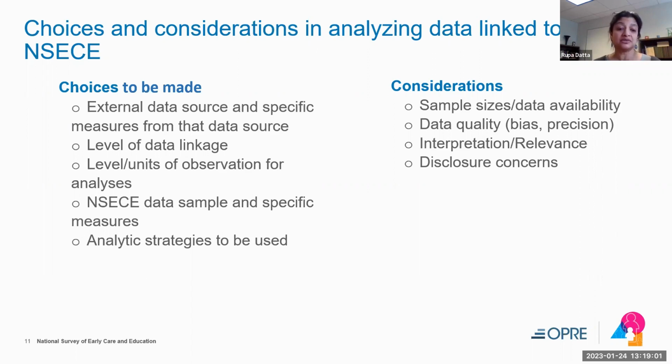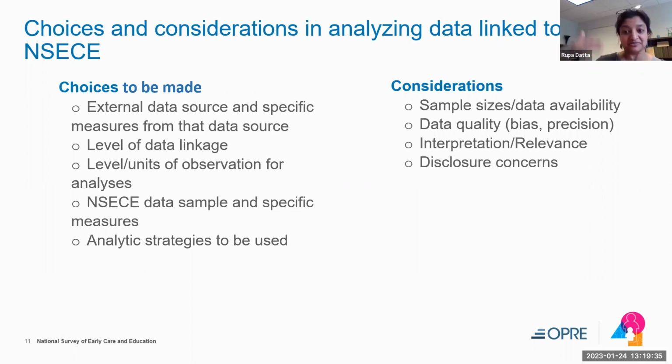We tend to do this by thinking about some choices that you'll want to make in planning your analysis, and then some considerations that might help you make those choices. On the left-hand side of the slide, you see the choices to be made. You'll start out by choosing an external data source, the non-NSECE data source, and the specific measures you might want to use from that data source. Then you'll want to think about the level of data linkage.